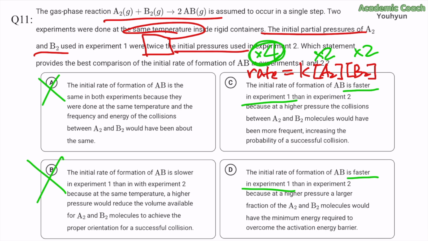C says that's because at a higher pressure, the collisions between A2 and B2 molecules would have been more frequent, increasing the probability of a successful collision. D states that at higher pressure, a larger fraction of A2 and B2 molecules would have the minimum energy required to overcome the activation energy barrier. So again, remember from KMT that pressure comes from more frequent collisions.